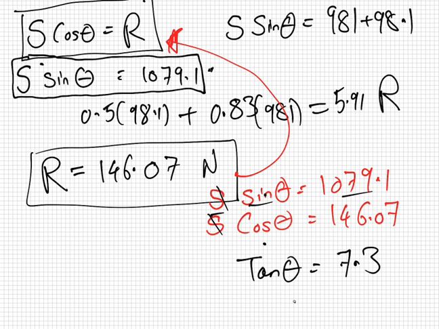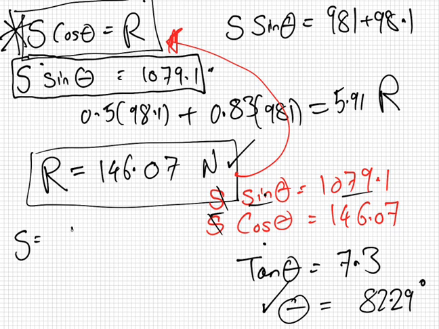Okay, so now we can get theta is 82.29 degrees. Okay, so we have theta, we have R. So what's left? S. So I can use this to get the S. I have S equals R over cos theta, which equals 146.07 over cos 82.29.